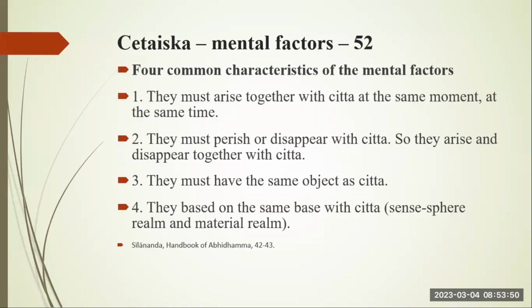Our next ultimate reality is Cetasika, mental factors. There are 4 common characteristics explained in the Abhidhammattha-saṅgaha. What are these 4 characteristics? Mental factors arise together with the Chitta at the same moment, at the same time.